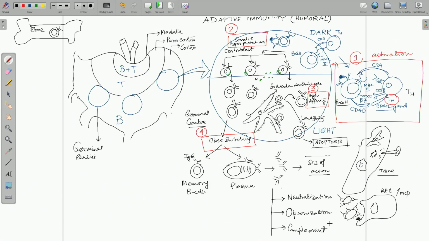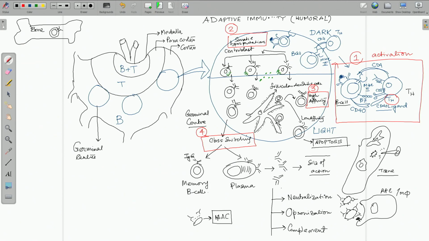They can lead to complement activation by binding to the surface of the pathogen and killing the cells by formation of what we call a membrane attack complex, leading to a hole on the surface of the pathogen and killing the cells.